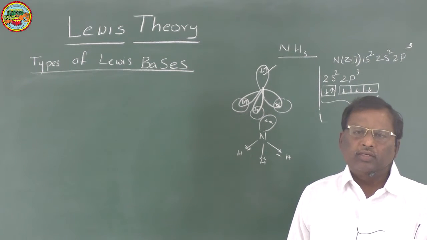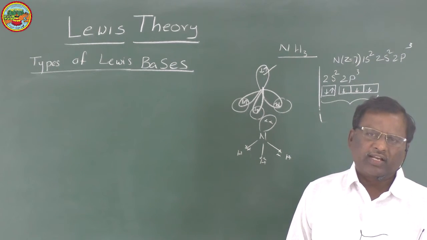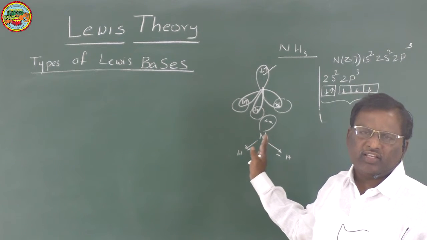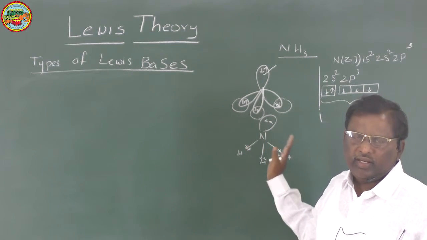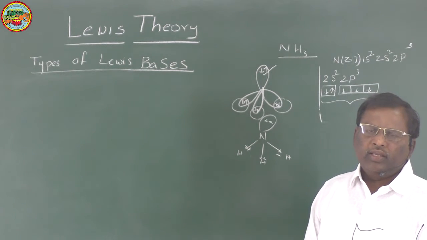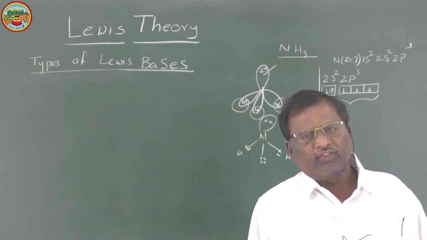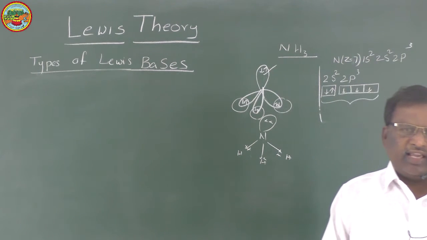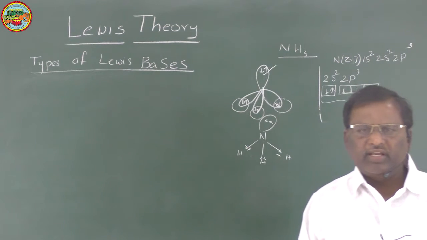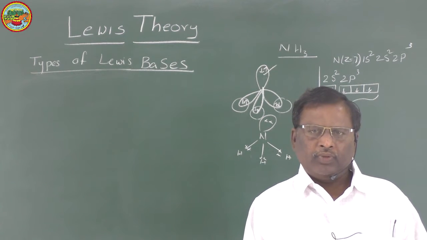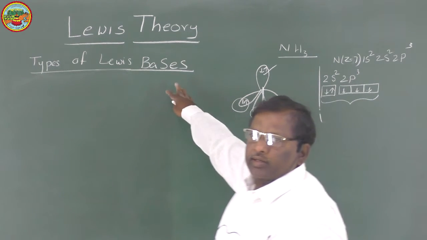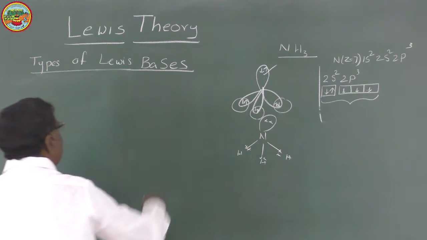The third category is compounds containing double bonds other than the carbon-carbon double bond. When such species approach NH3, there will be a possibility for the donation of the lone pair of electrons, so that NH3 is considered a base and the other species is considered an acid. Now, like Lewis acids, we can also classify the bases into 3 types.